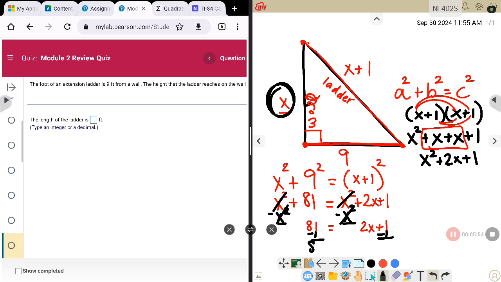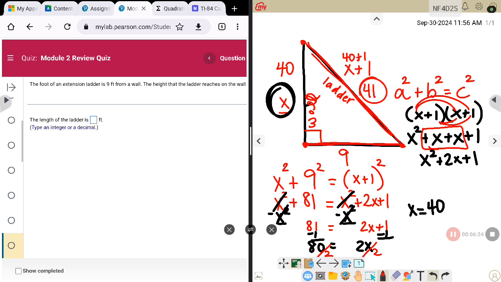So now I have 80 equals 2x. Then if I divide both sides by 2, I get x equals 80 over 2, which is 40. So now I know that this side is 40. But remember what the question is asking. It says the length of the ladder. Well, that's this side, which will be 40 plus 1, or in other words, 41 feet.